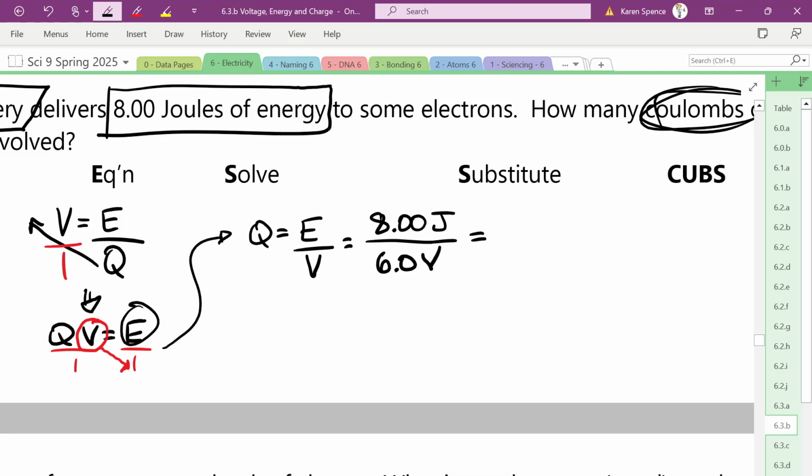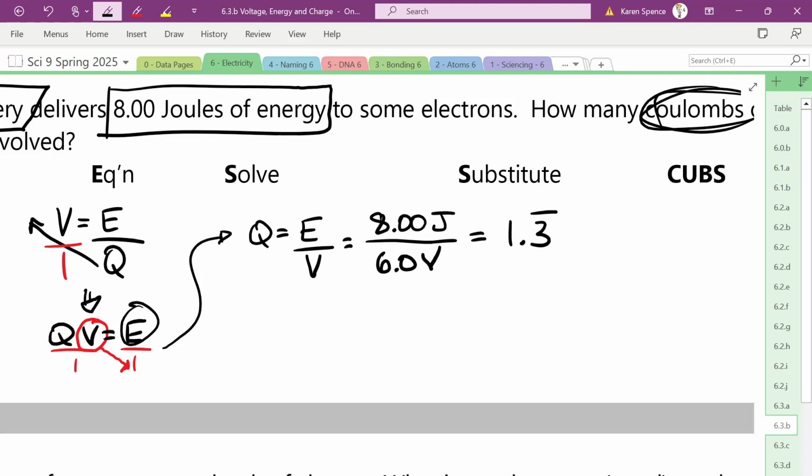Eight divided by 6 is 4/3, which gives 1.33333, a repeater. Should I leave that repeating there? Do not leave repeaters in science.